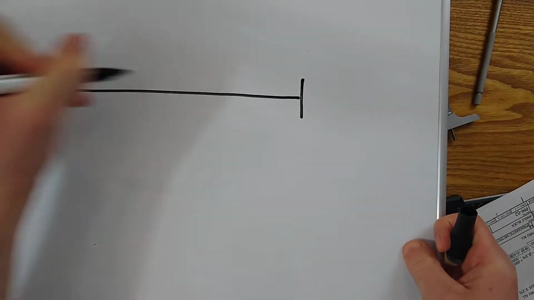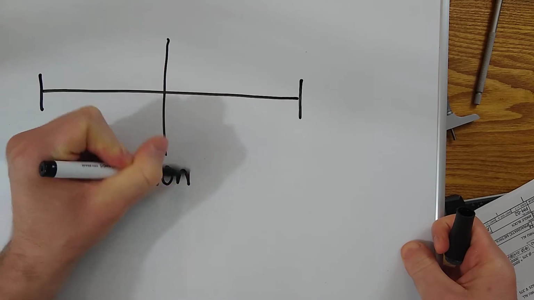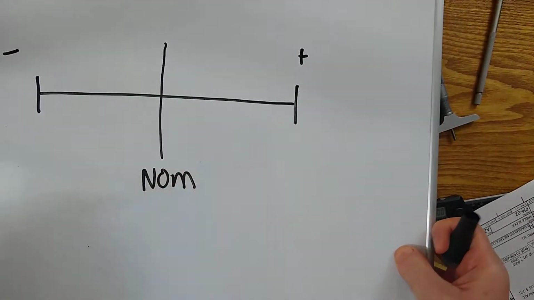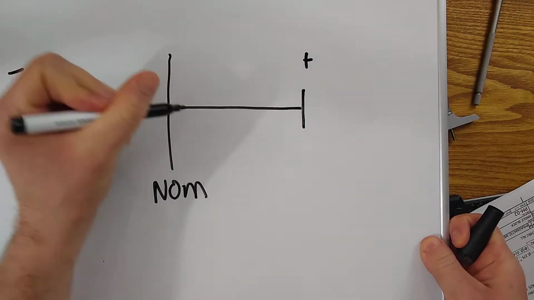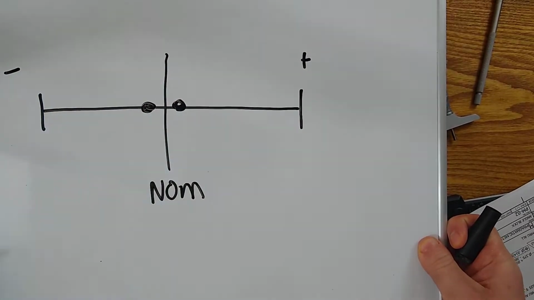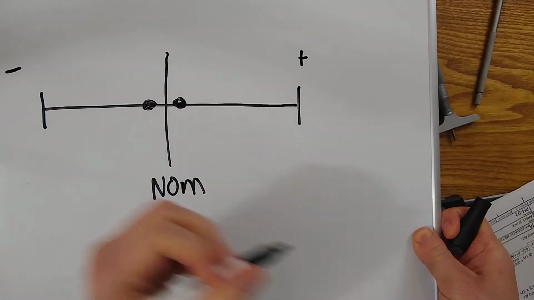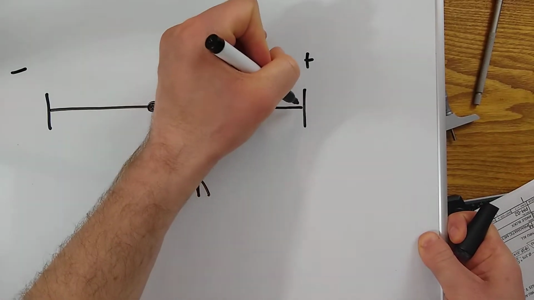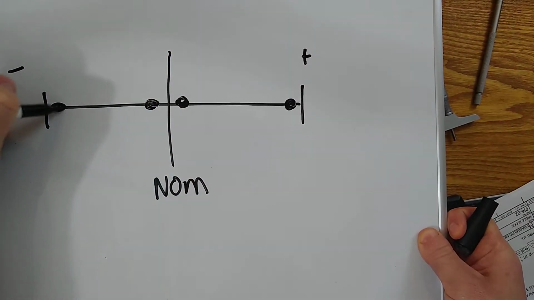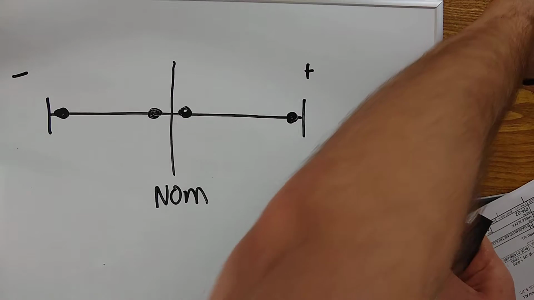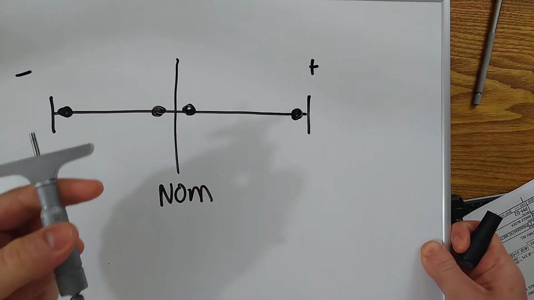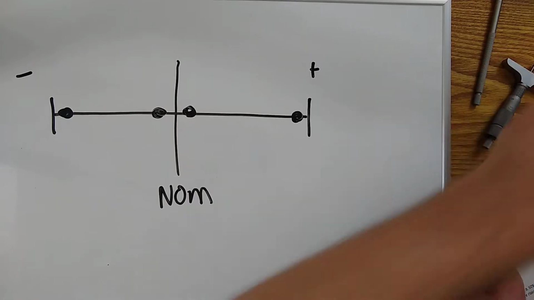If you've got a linear tolerance zone, you have a minus side and a plus side, and you have your nominal. Ideally, as inspectors and machinists, it's great when your measurement lands close to the nominal all the time. Every once in a while, you might end up at one extreme or the other, and you've got to ask yourself, every gauge we use, no matter which gauge it is, has a plus or minus accuracy.